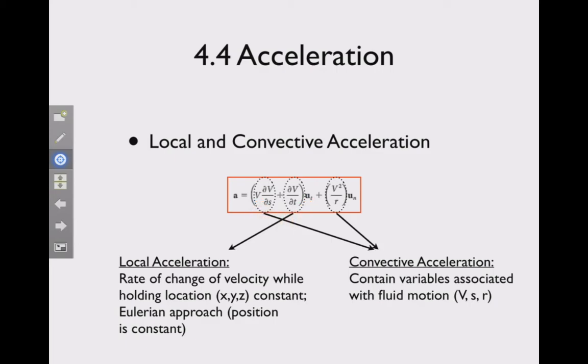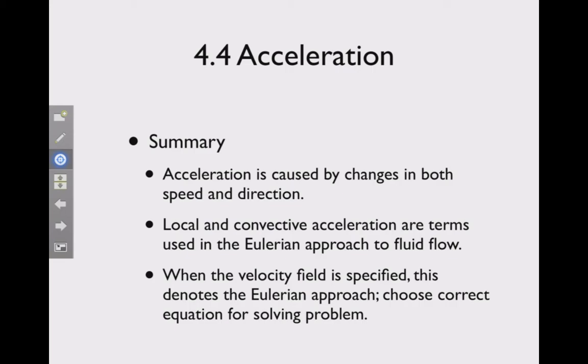So our summary is that acceleration is caused by changes in both speed and direction. We know that from physics. The local and convective acceleration are terms that we use when we're expressing the flow field, the velocity, and the acceleration in an Eulerian approach in fluid flow.